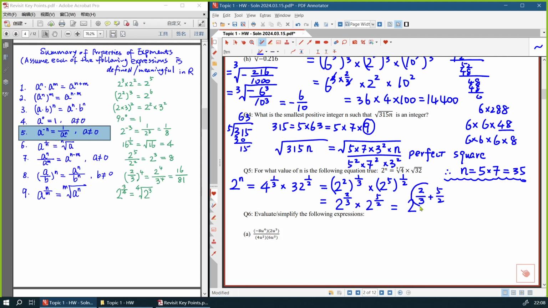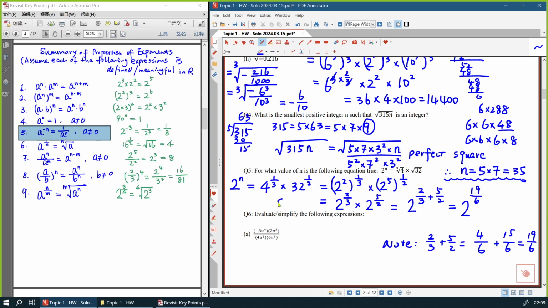So can you find the sum of these two fractions? We can rewrite this using a common denominator 6, right? So 2 over 3 plus 5 over 2, the common denominator is 6, right? So 2 over 3 is actually 4 over 6 plus 5 over 2 is actually 15 over 6. So that'll give you 19 over 6, right?